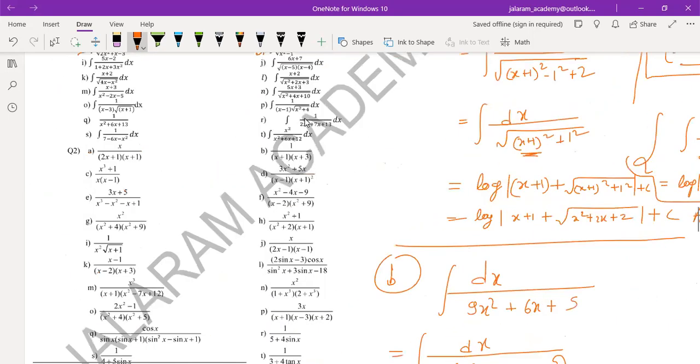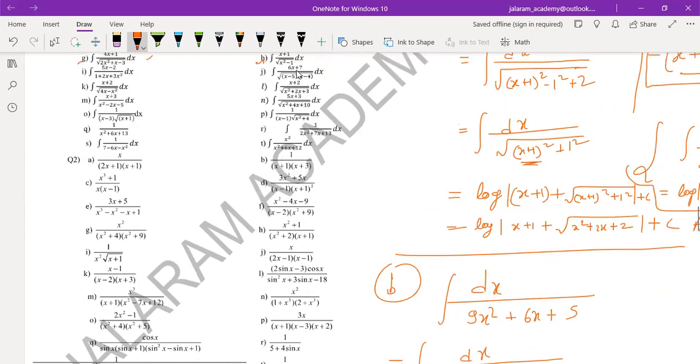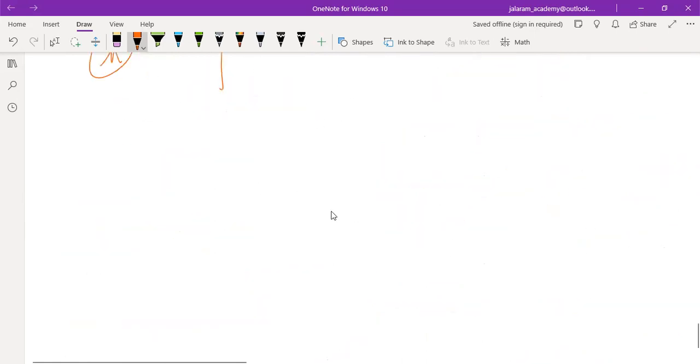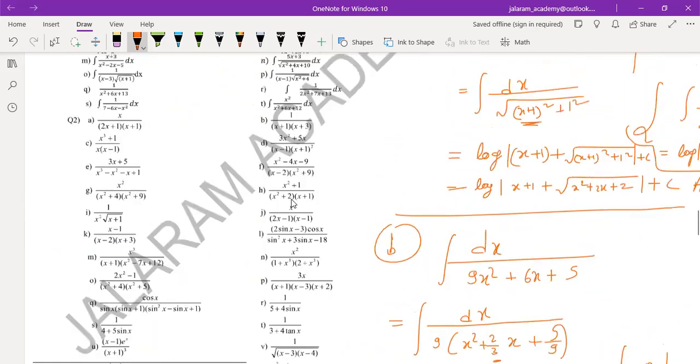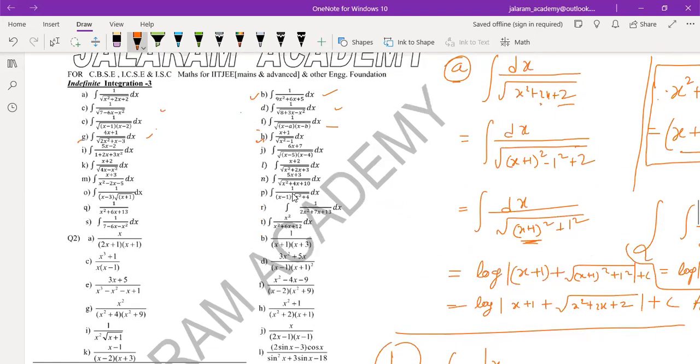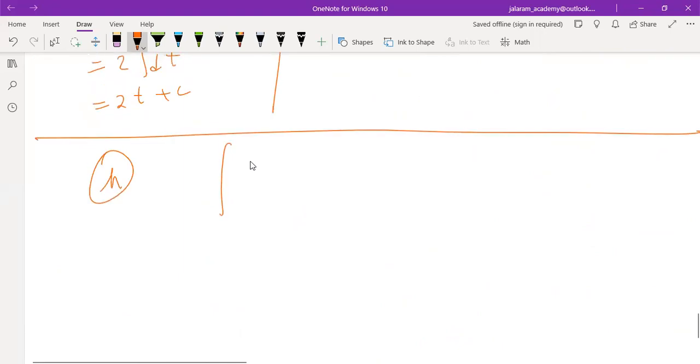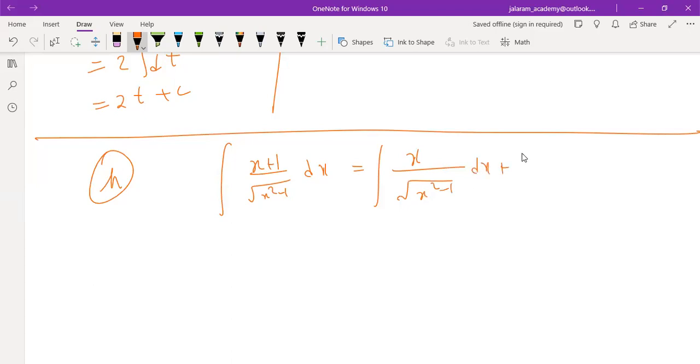But in the next question, which is question number 8, this is integration of x plus 1 upon root x square minus 1 dx. If you first separate them, it can also be solved directly actually: x dx upon root x square minus 1 plus dx upon root x square minus 1.